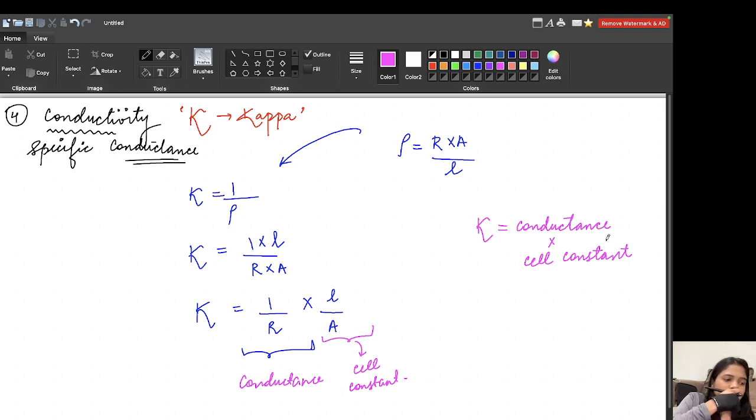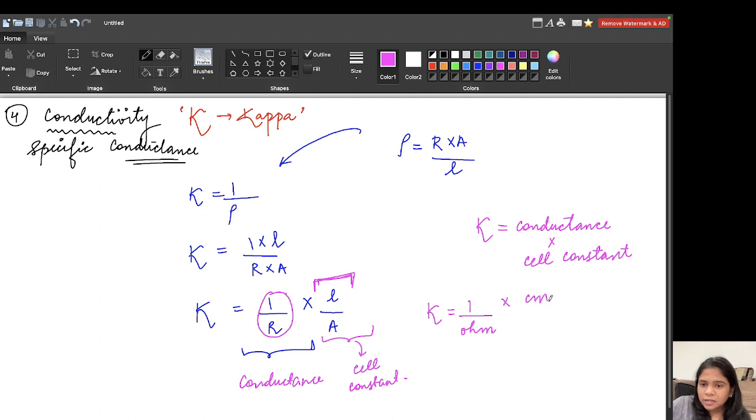Okay. So what is actually kappa? Conductance due to all ions present in 1 centimeter cube area or 1 ml area. And what will be the unit? Just substitute the units here. What was the unit of resistance? Resistance was ohm.